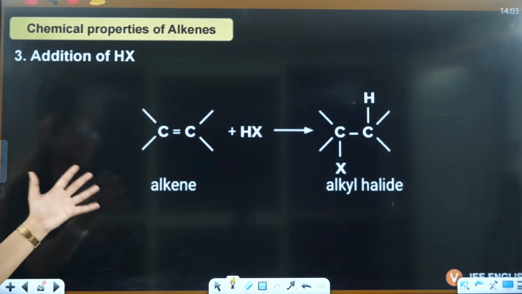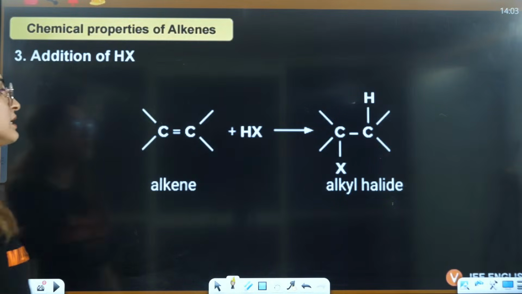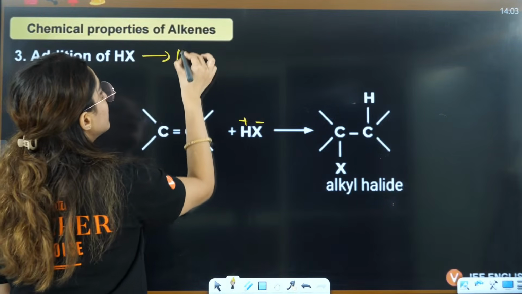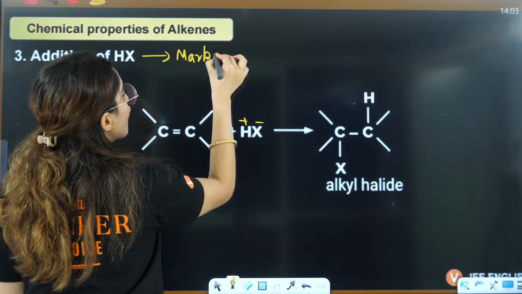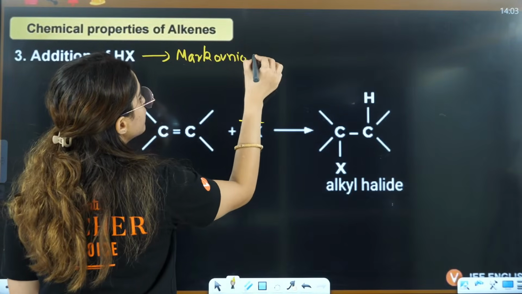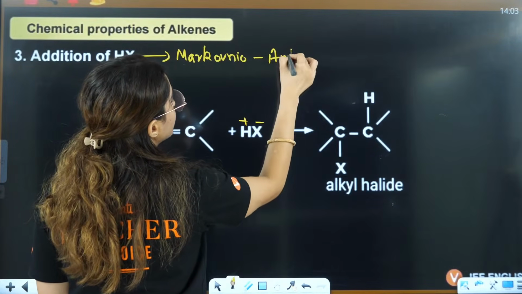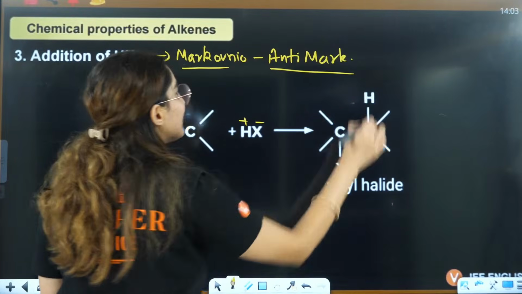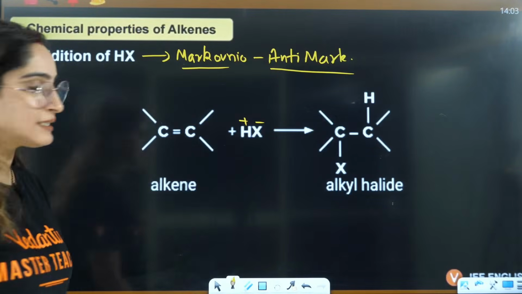Now you have addition of HX. This is H positive, this is X negative, and here you will learn about Markovnikov rule and anti-Markovnikov rule, that we'll discuss.